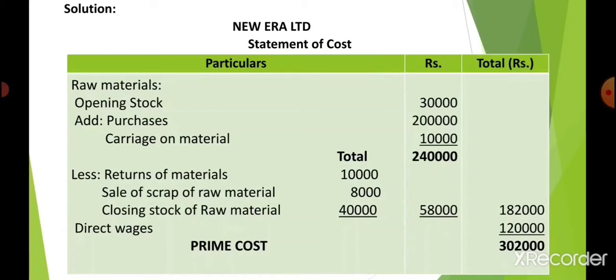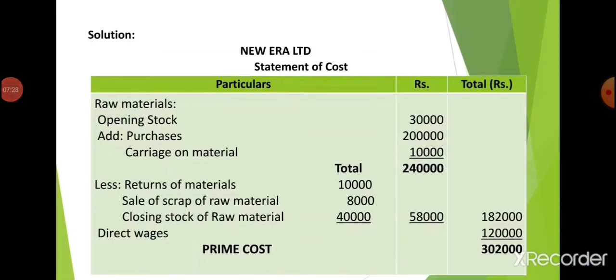All the expenses on material should be taken under the head raw material, that is we have to add them. So 2 lakhs is the purchase and 10,000 is the carriage on material. So for the opening stock of 30,000 we have to add 2 lakhs plus 10,000. So it will be 2,40,000 total.